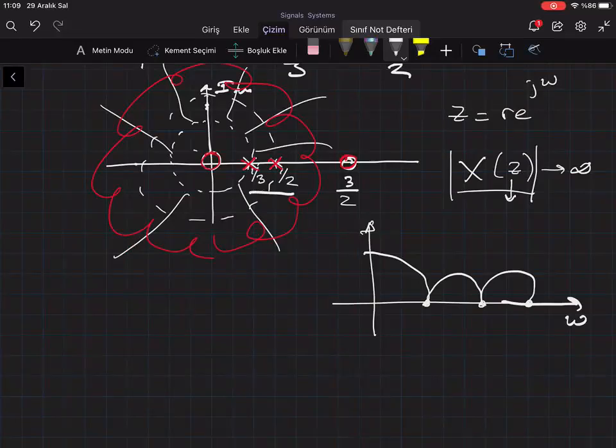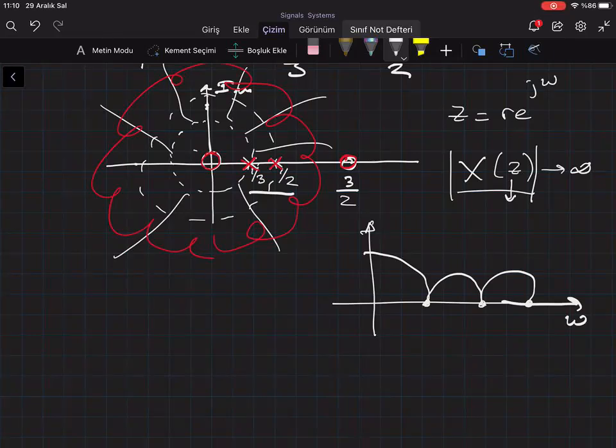So if I change the pole, my magnitude response of the filter will change. And I will adjust my poles and zeros in such a way that it will be like a low pass filter. If I adjust it like something else, it will be acting like a band pass filter.